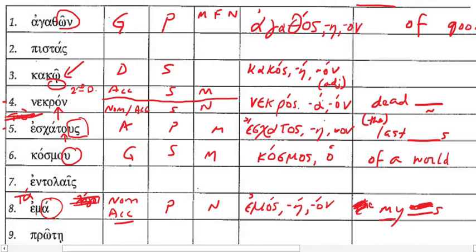Now, as to gender, when you have a dative singular, what happens to your stem vowels? Omicron changes to omega, and you get that iota. What about your alphas and etas? It's similar. It's an alpha.